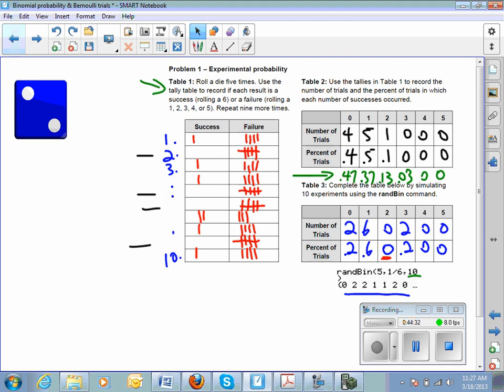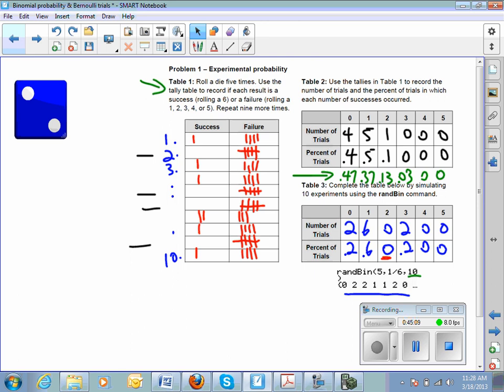Okay, something went awry here. I wonder if it's a round-off thing. Oh, okay.